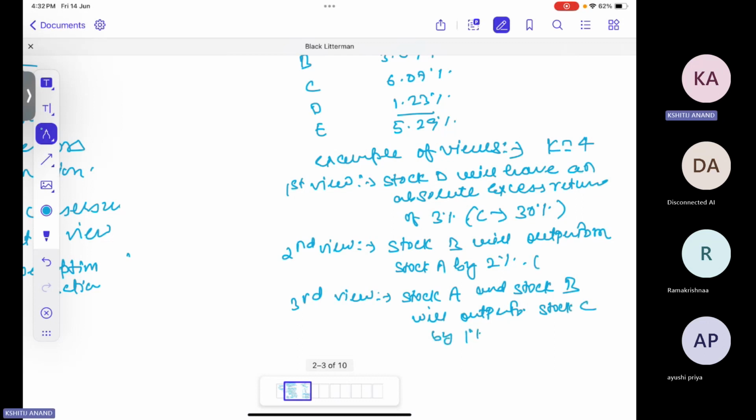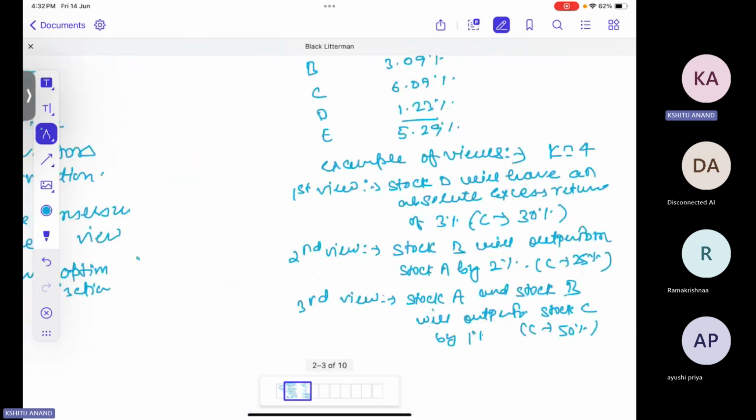Let the confidence here be 25%. Let it be 50%. Let the fourth view be on stocks A, B, D. Stock A we have already incorporated, so let us incorporate one more view. We will have a return of 9%. So these are the 4 views that we have.